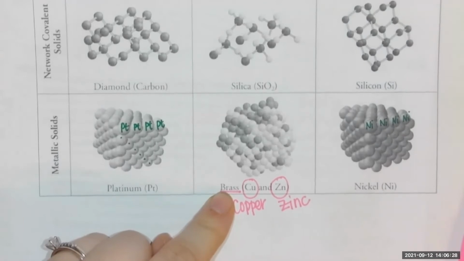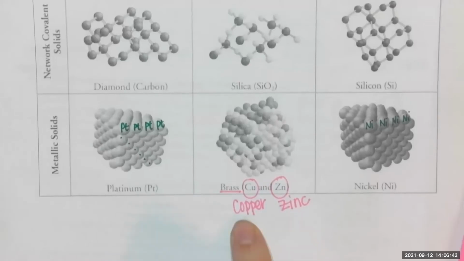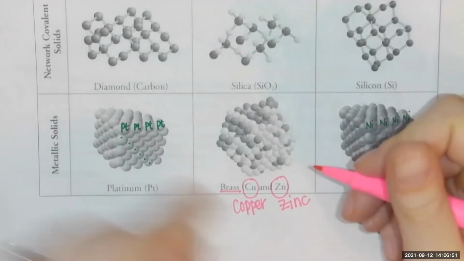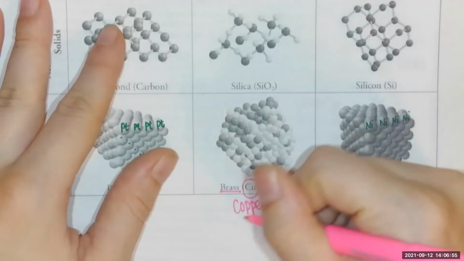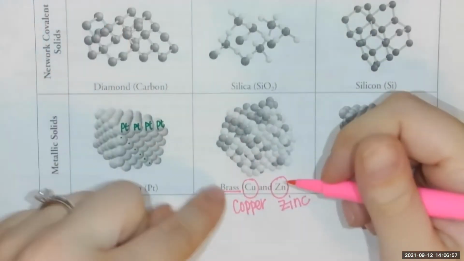When you go through the song and you're like, there's hydrogen and helium and lithium, beryllium, blah, blah, you're never going to find brass. Brass is not an element. Brass is the combination of copper and zinc, which are on the periodic table. So when you put this element and this element together, you get brass.